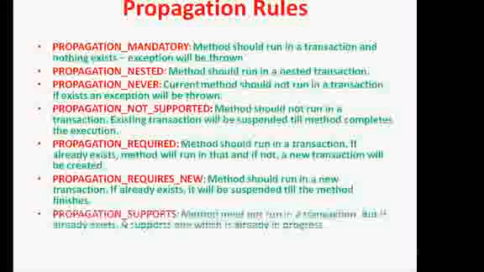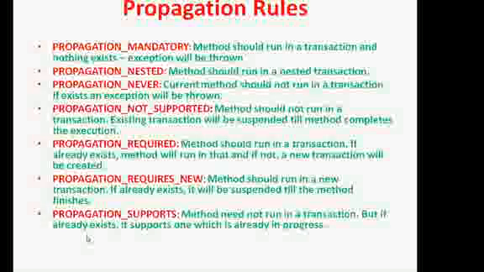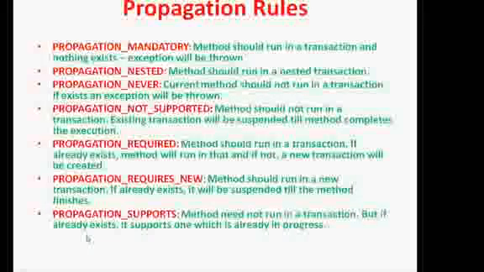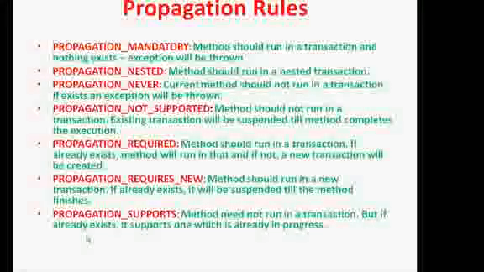Finally, we have propagation supports. It's pretty evident from the name that the method really need not have any transaction, but if there is already one existing, it can run in that transaction. So these are all about your propagation rules.